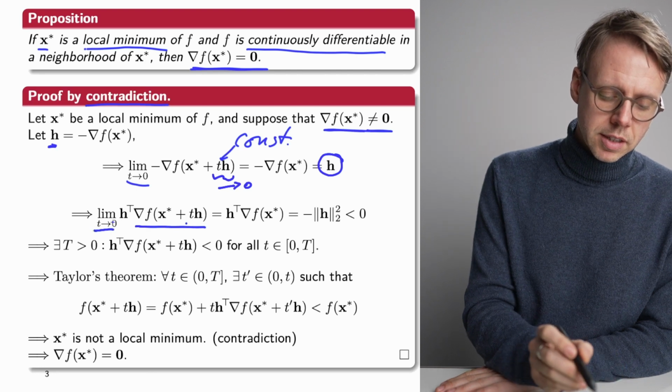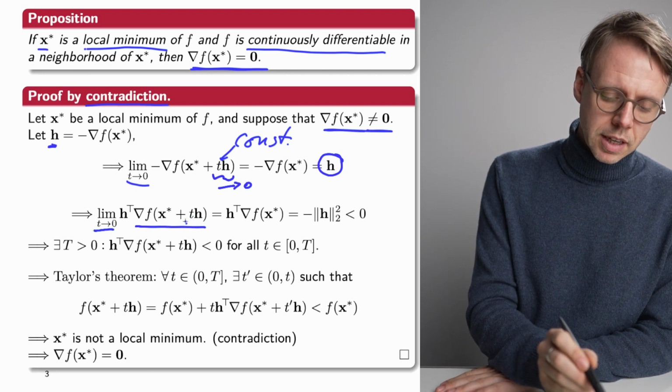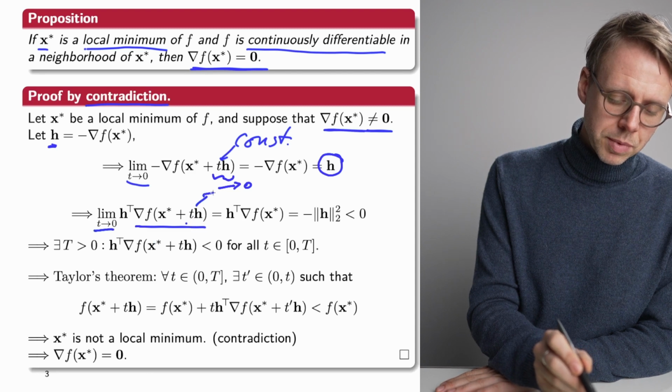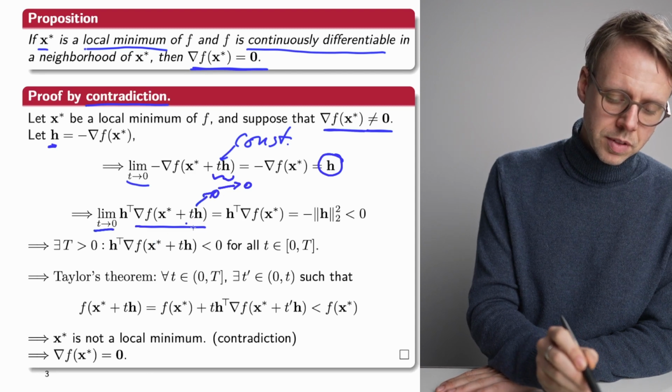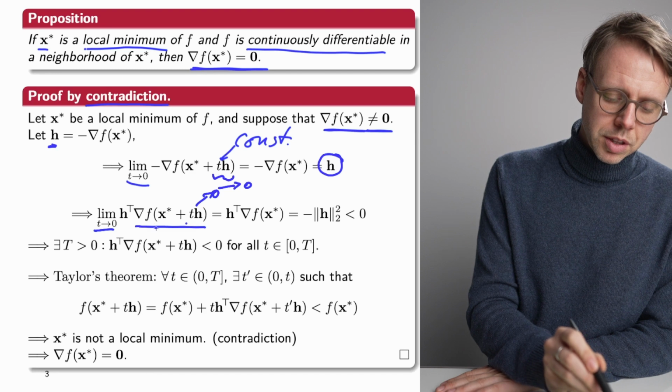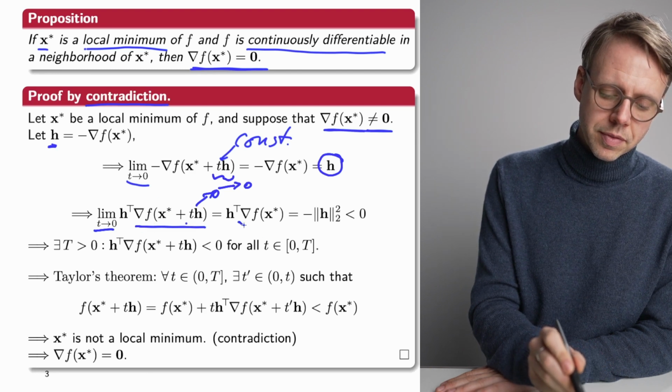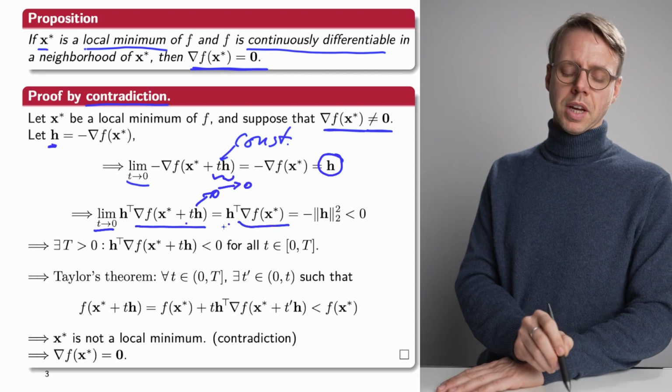So again, we let t go to 0, which means that this term here goes to 0, and we're left with the gradient of f at the point x star times h as the limit of that.